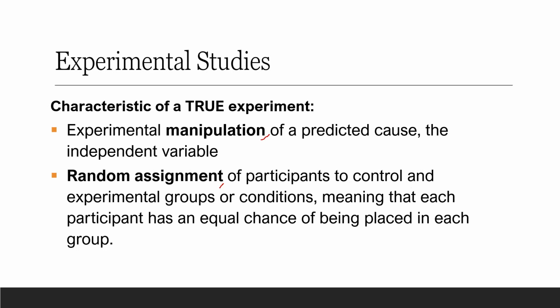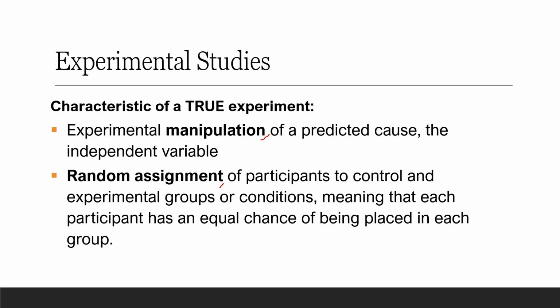An example of a quasi-experiment would be who have longer attention span, male or female, because we cannot manipulate their gender. Okay, so now, what is an example of a true experiment with regards to manipulation? Group 1 will experience a positive emotion by looking at a comedic film or movie.